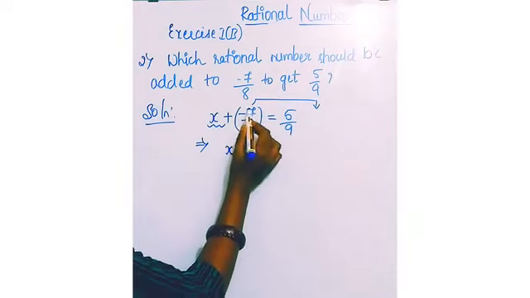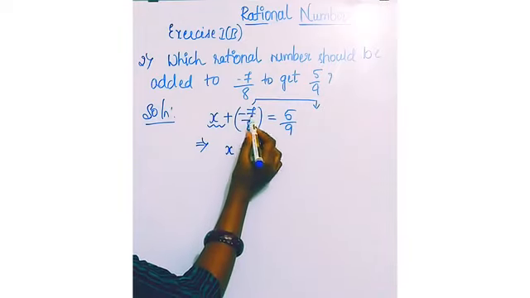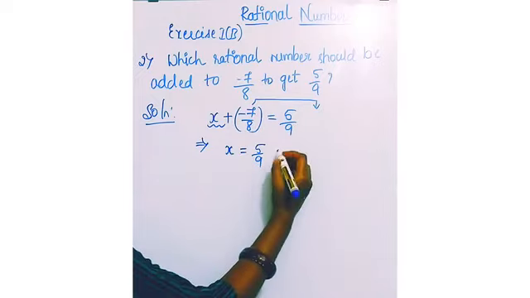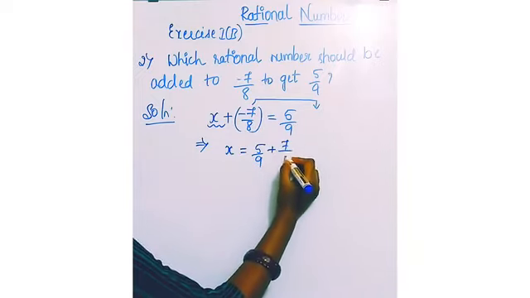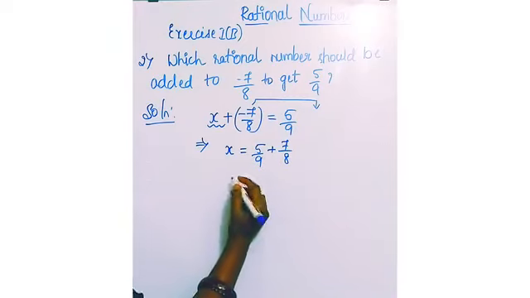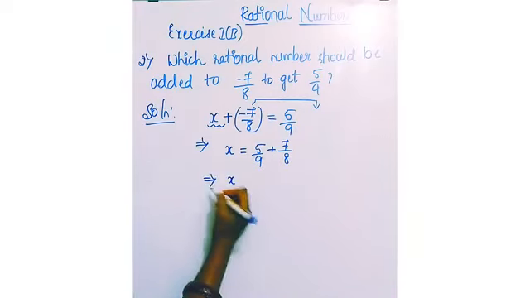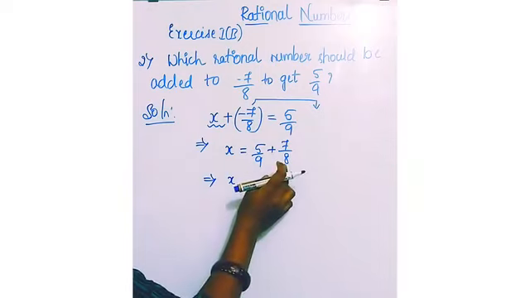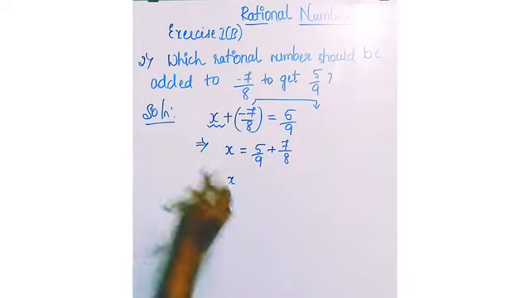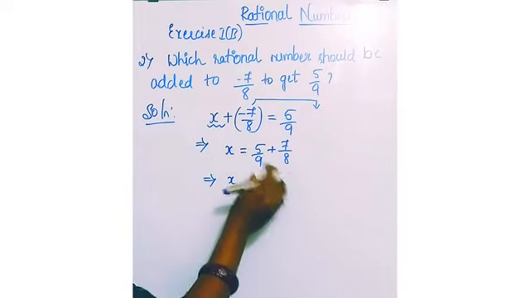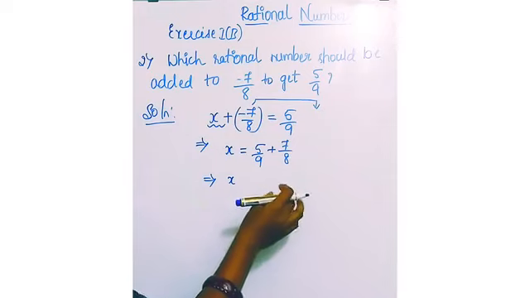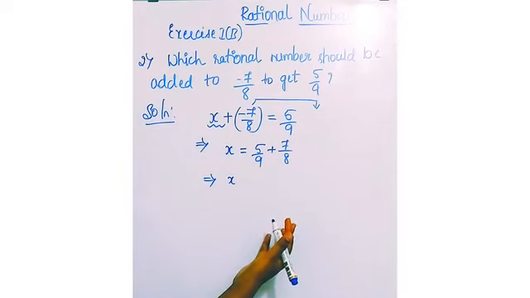Minus 7 by 8 is there, that turns to plus 7 by 8. You can notice that in the denominator both numbers are different, 9 and 8. We can find the LCM, and there is one more easy step to solve this problem in an easy manner: we should do cross multiplication.